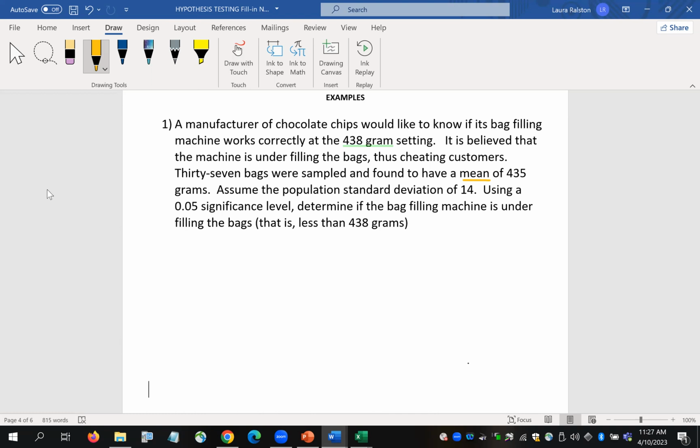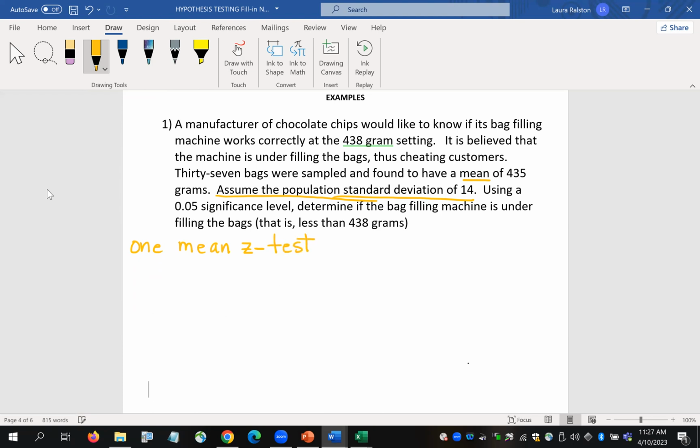It also tells me to assume the population standard deviation of 14. Those two things help me to recognize that I need to do a one mean Z test.